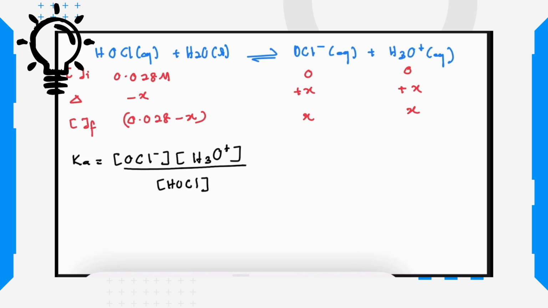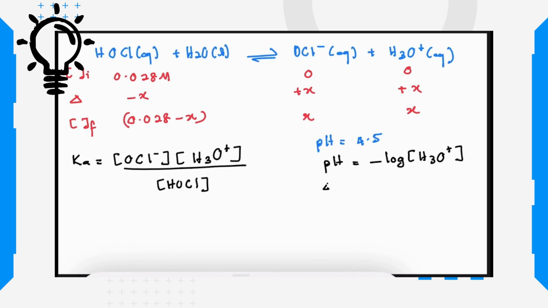So we have another hint, which is the pH is equal to 4.5. How can we use this value to solve the problem? We know that the pH is equal to negative log H3O plus, or H plus.